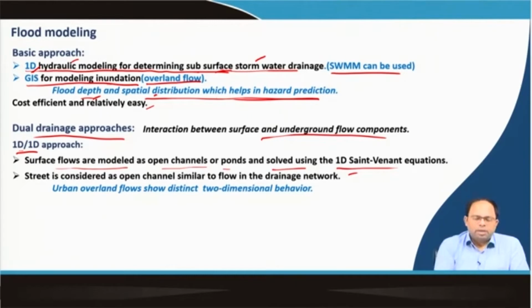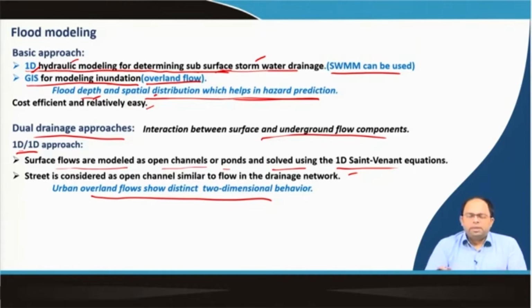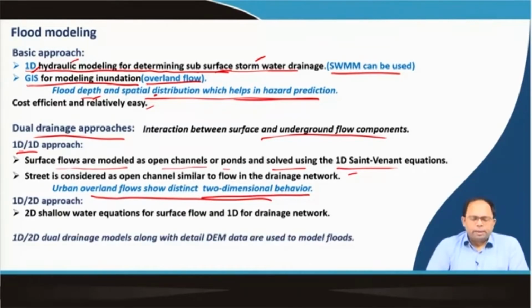And usually urban overland flow is not that simple, because it does not only pass along the street, it will spread in multiple directions and it usually shows distinct two-dimensional behavior. So, that is where we go for the 1D-2D approach, where we use 1D for determining the subsurface stormwater flow, whereas we use 2D shallow water equations for surface flow and 1D for the drainage network.